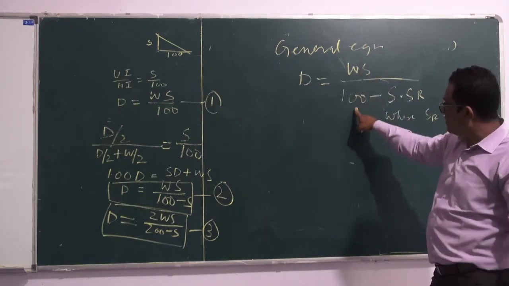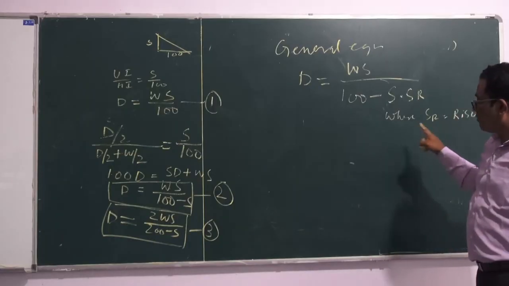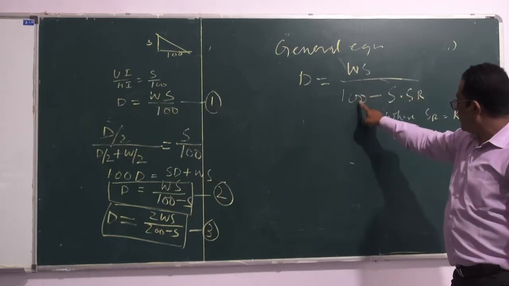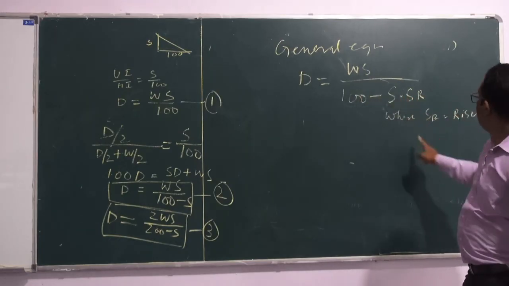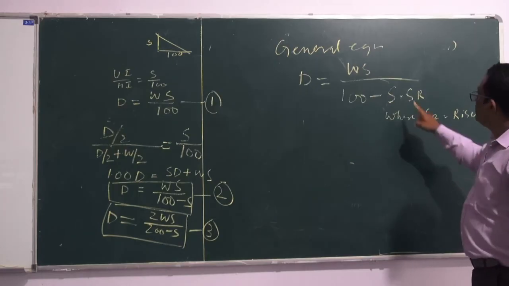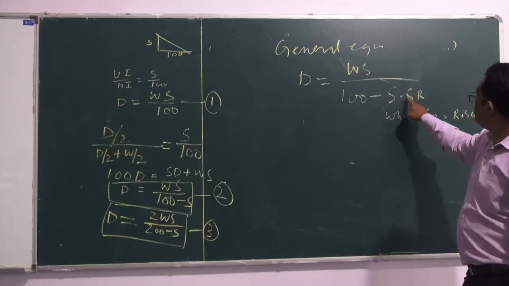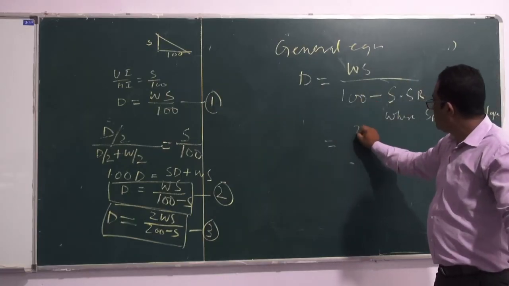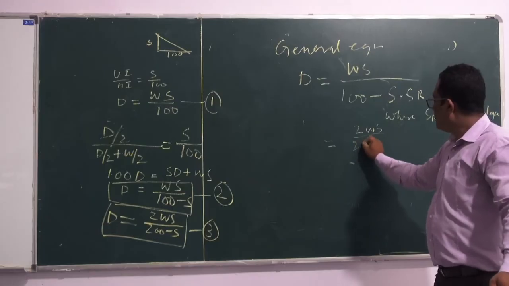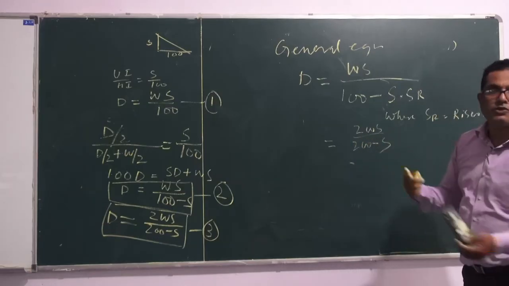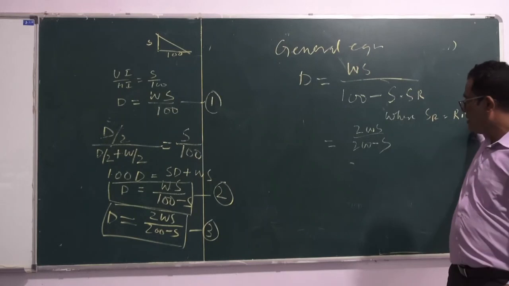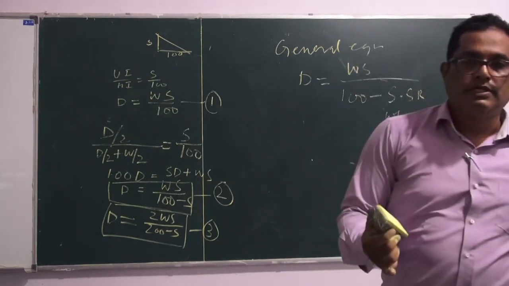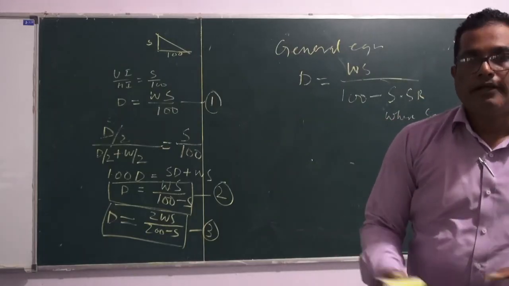It will be WS by 100. For riser slope of 1 is to 1, it would be S into 1, WS by 100 minus S. For riser slope of half is to 1, S into half, and solving this, it will become 2WS by 200 minus S. So this way also you can remember this formula without deriving it if there is any question related to spacing or the width of terrace.